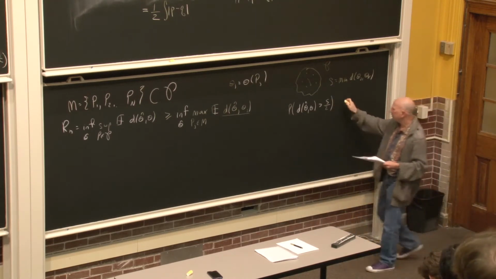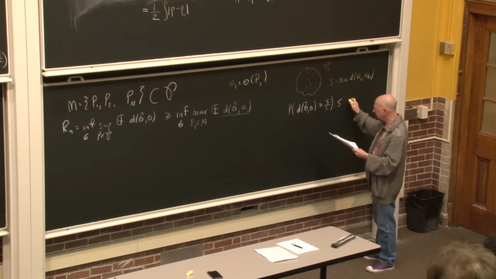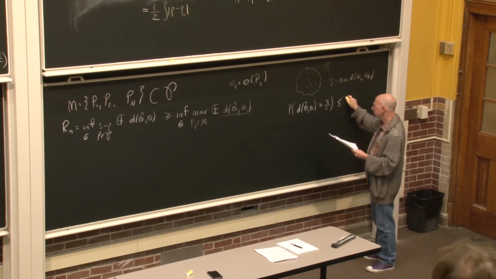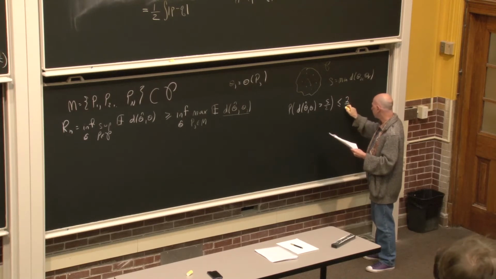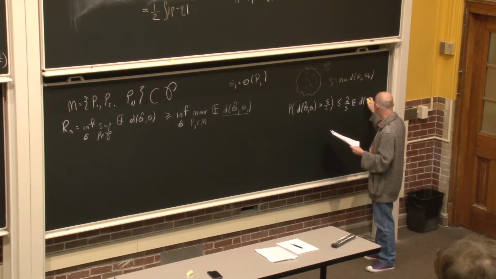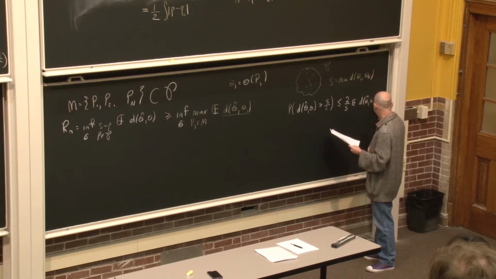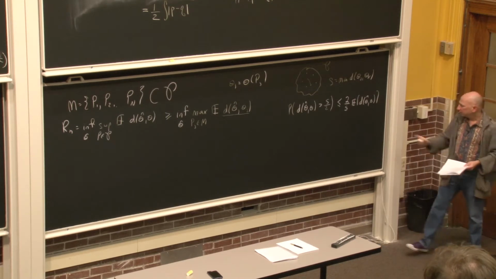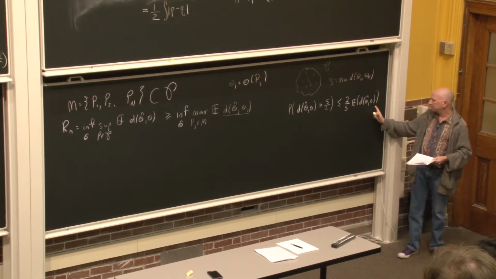By Markov's inequality, this is less than or equal to 2 over S times the expected value. This is true for any estimator. That gives me a lower bound on this distance.